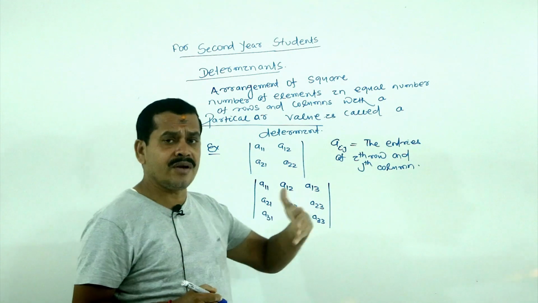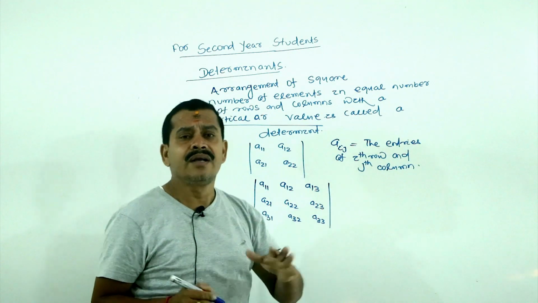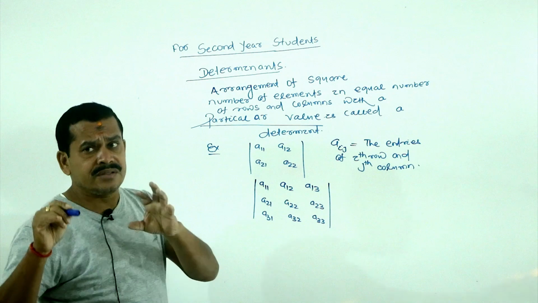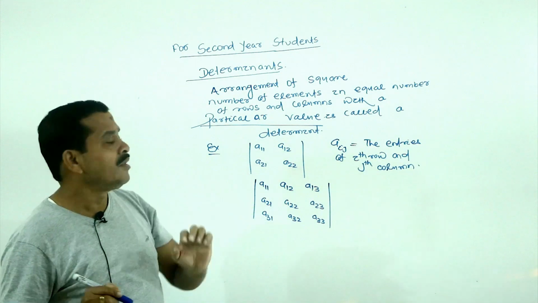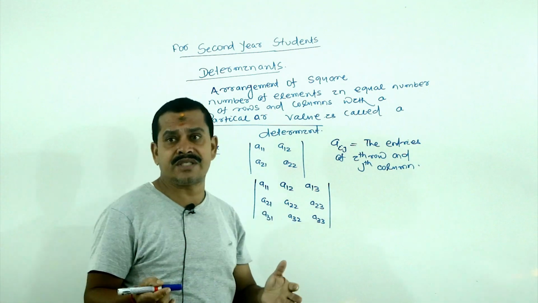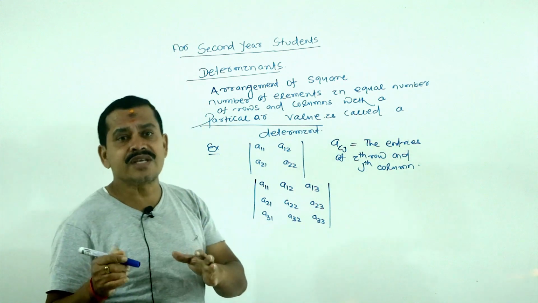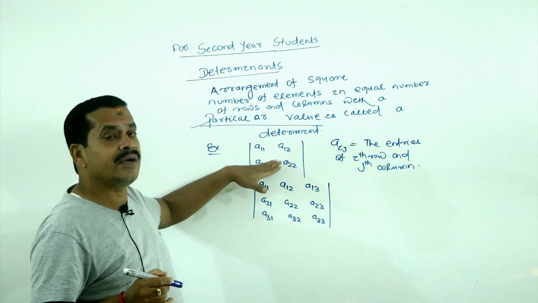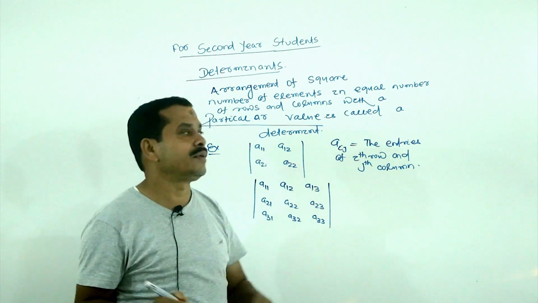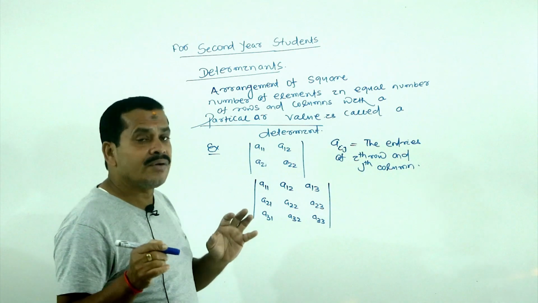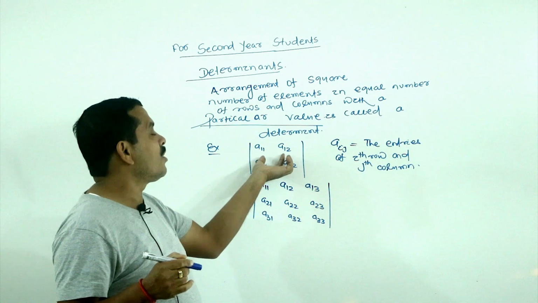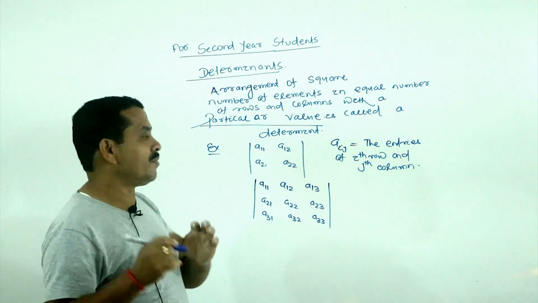But there are fourth order, fifth order, sixth order determinants. But we are least concerned about that, because our questions are mostly on the second order and third order determinant. You have already known how to expand the second order and also third order determinant.